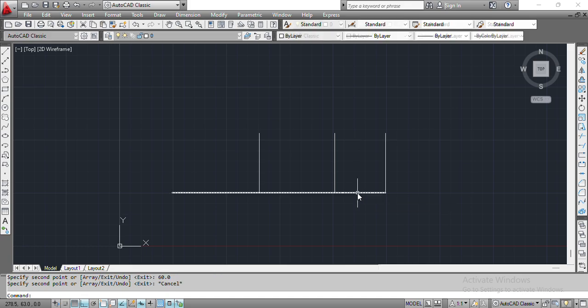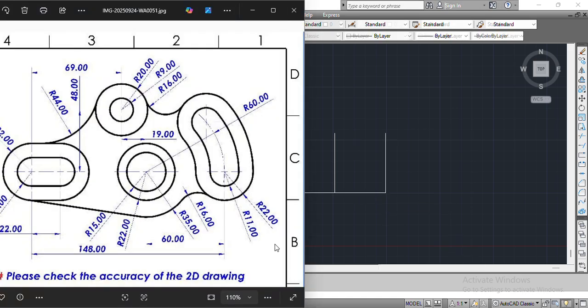Well, we have those two, so we are going to copy this one to a distance of 69, and then after that we are going to copy this horizontal line to a distance of 48 to get this center.